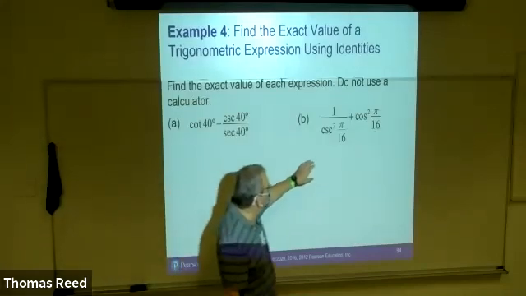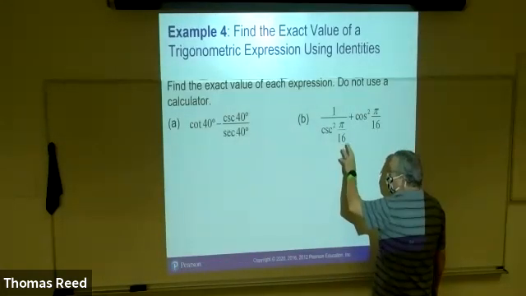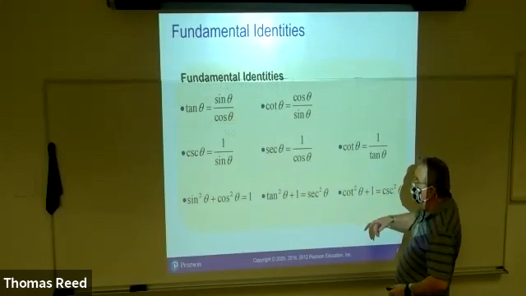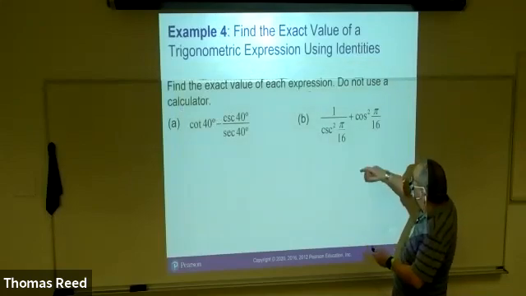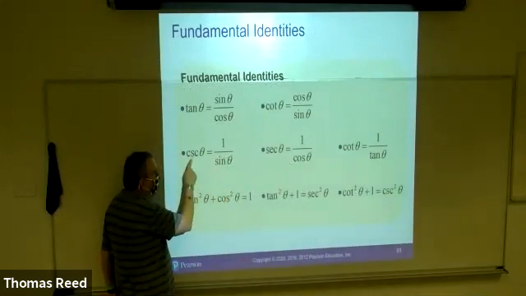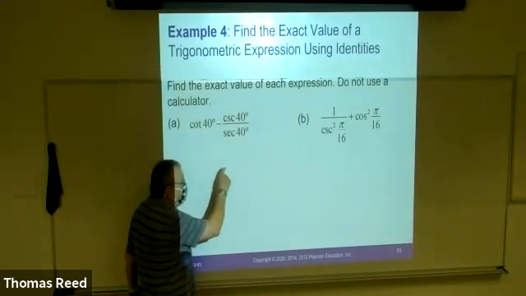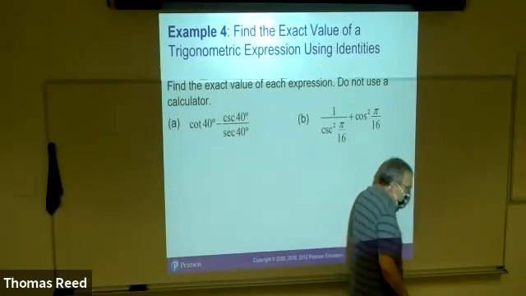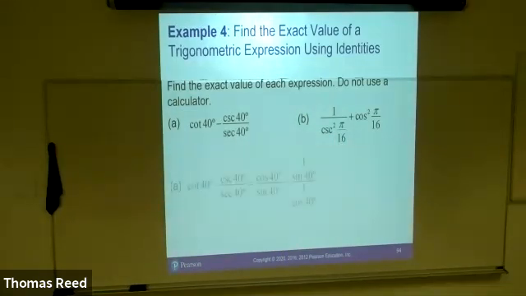And this one, 1 over cosecant, if we look back here, cosecant is 1 over sine. So sine is 1 over cosecant. So this is 1 over sine squared. So we have sine squared plus cosine squared, which gives us 1, when you're taking sine and cosine of the same angle.